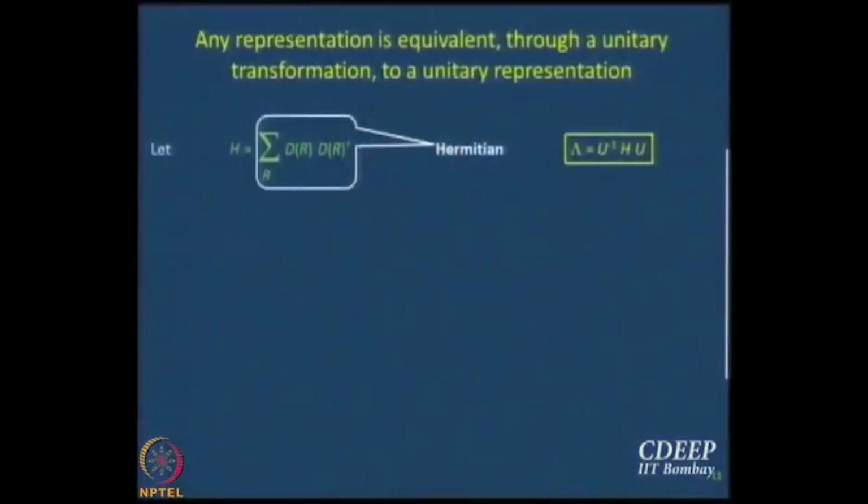Okay. So now, let us talk about two equivalent matrices, D(R) and D prime(R). D(R) is any transformation matrix that you get. You have used some basis without bothering about whether they are orthonormal or not, right.